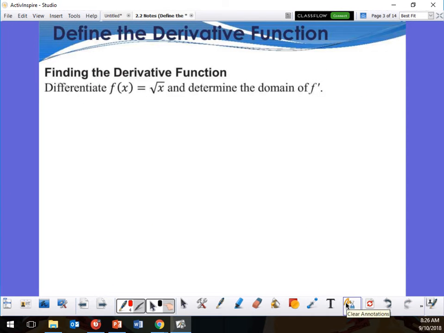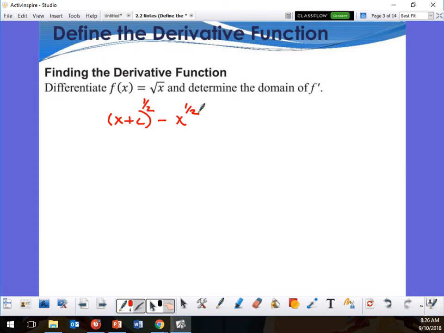Okay. Find the derivative function, determine the domain. Now, let's start off with the derivative, using the process. So it's going to be x plus c to the 1/2, minus x to the 1/2.